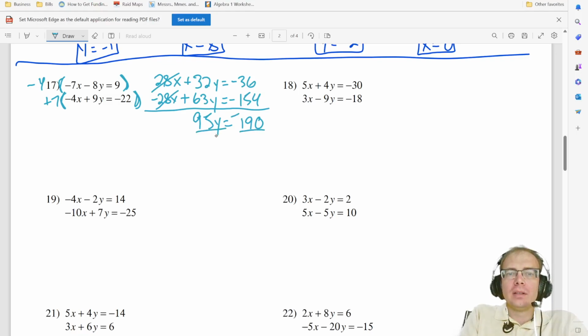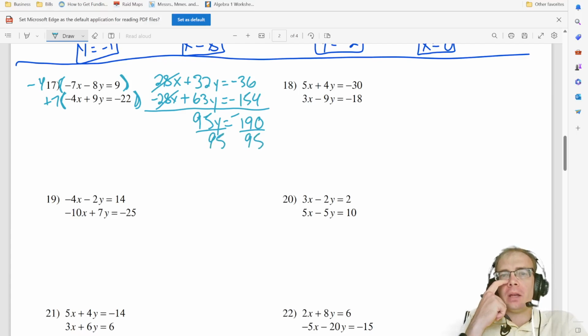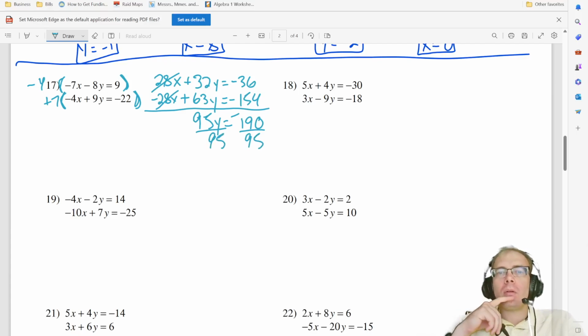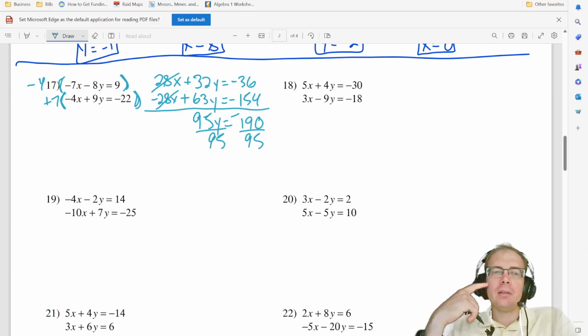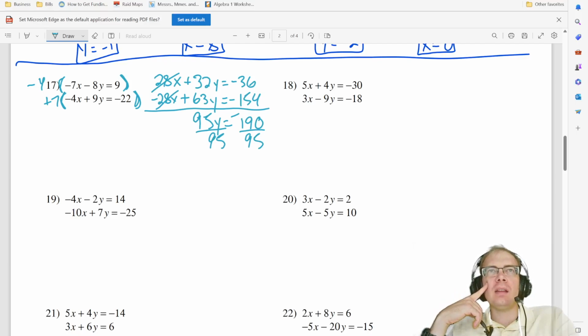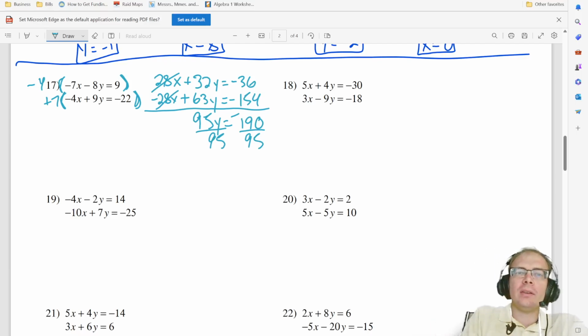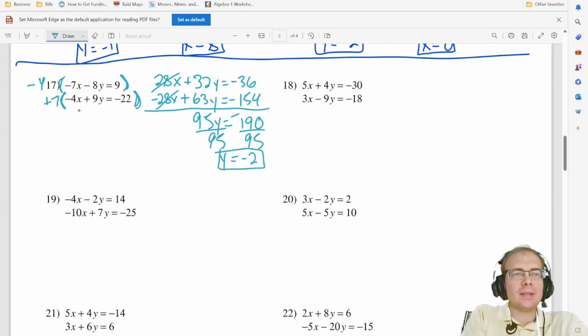That looks like it's going to go in evenly. Maybe. Let's find out. Because it's 95, 2 95s would be, is that a 190? Yeah, because 90 and 90 is 180. So yeah, that would be 190. So that's going to be negative 2. Okay, some big numbers there. I kind of second-guessed myself on that one.